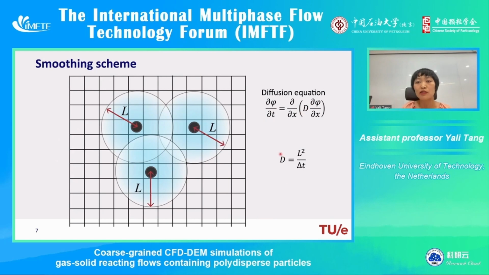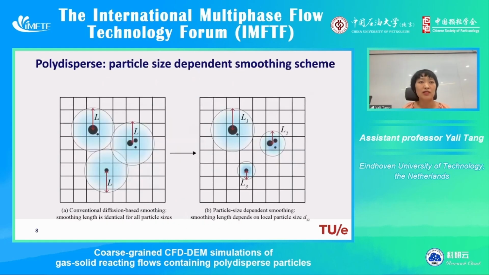This diffusivity is usually determined by a characteristic length L and a time scale. This L we usually correlate to the particle size, and for a dense gas-solid system it is around 3 times the particle size.